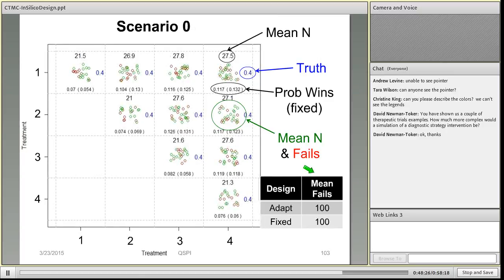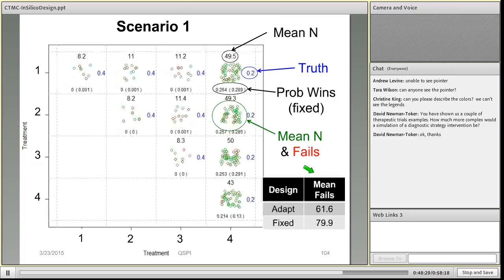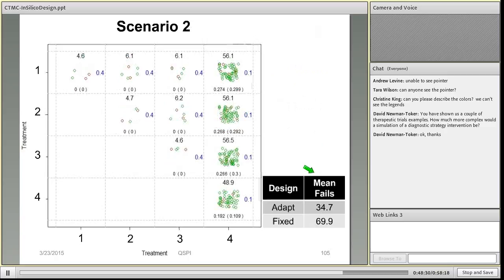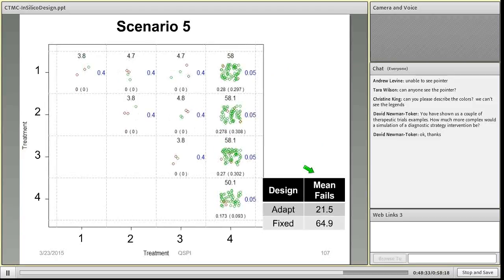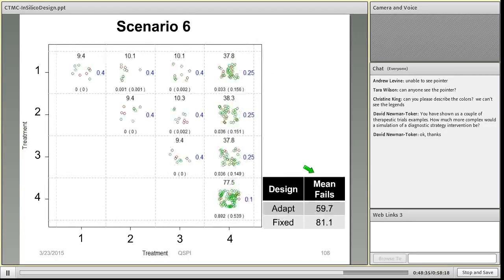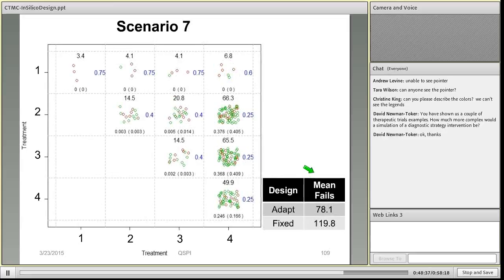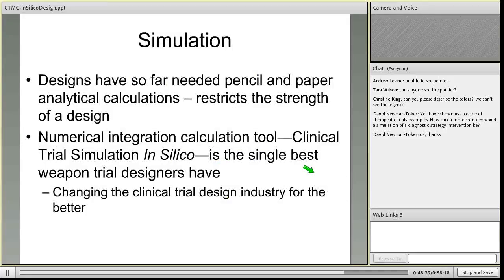And we can vary the scenarios to a null and various scenarios into different cases and explore how well the design works under a wide range of scenarios. We won't focus on that so much. So far, pencil and paper to do analytical calculation restricts the design.